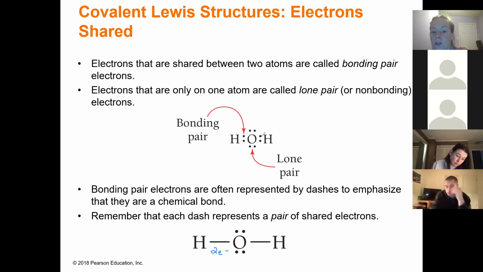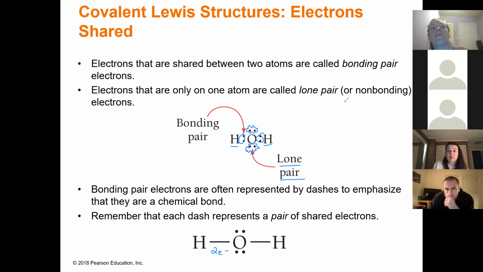On this central atom here, oxygen, any electrons that are included in the bonding system are known as bonding pair electrons. Any electrons that are on the central atom but don't have a partner, like there's no hydrogen attached to these, we call lone pairs of electrons. And those are important. They have an effect on the shape, which we'll talk about a little bit later. So we want to be able to identify bonding pairs and lone pairs.